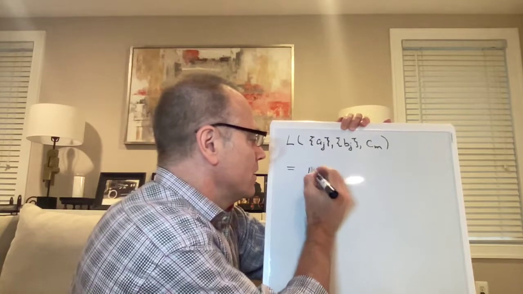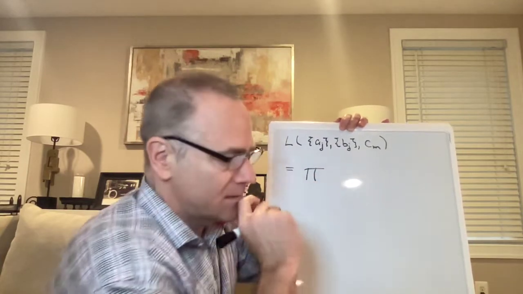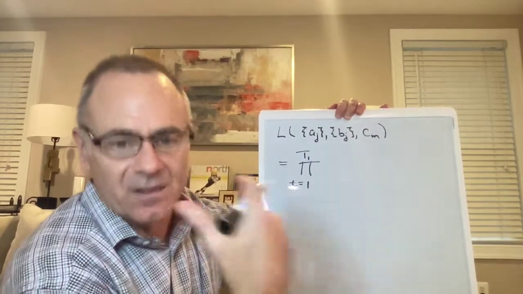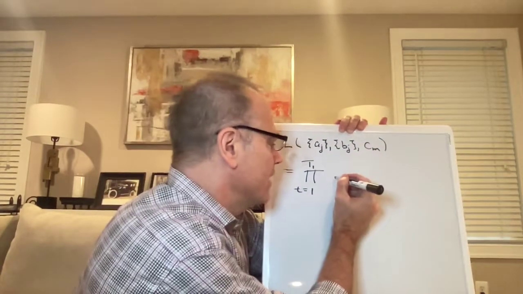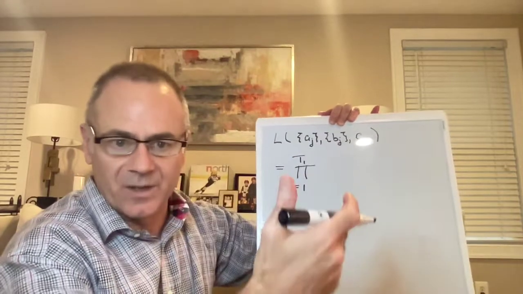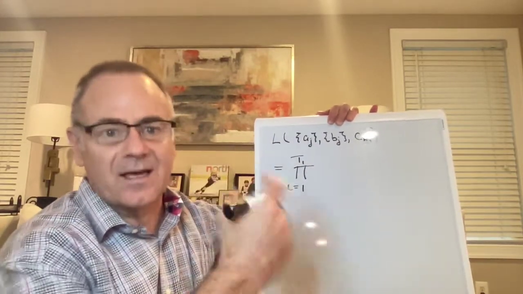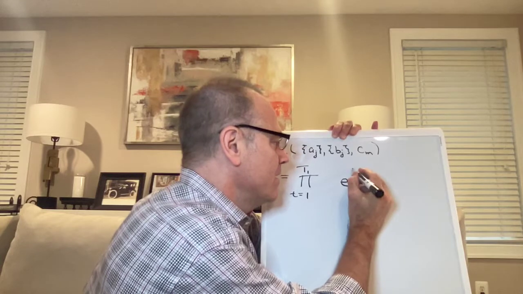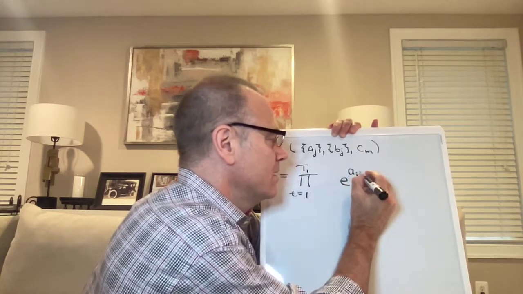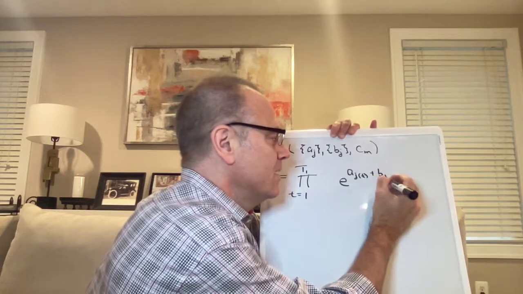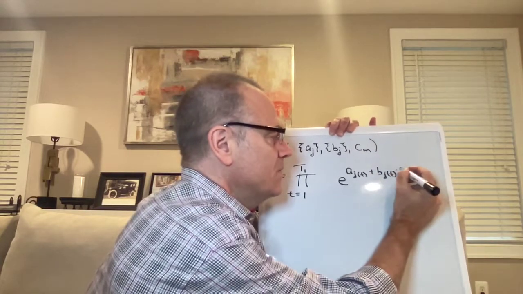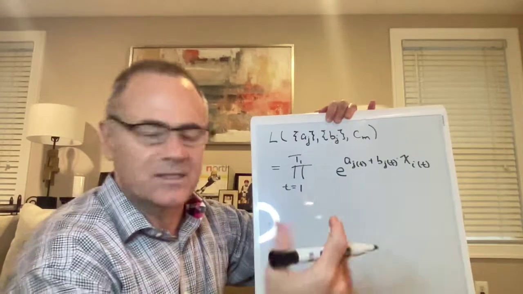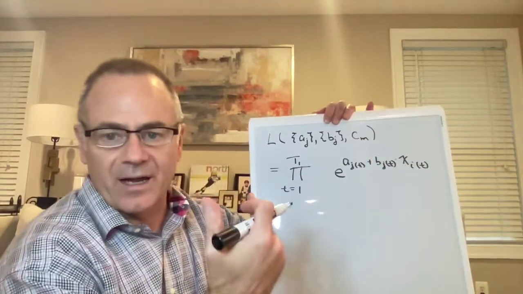So we take the product from T equals 1 to T1, where T1 is the number of congressional observations, of the probability that the congressman cites think tank J of T, which equals e to the A of J of T plus B of J of T times X sub I of T. Remember, I is the number of the legislator, so X sub I is his or her ADA score.